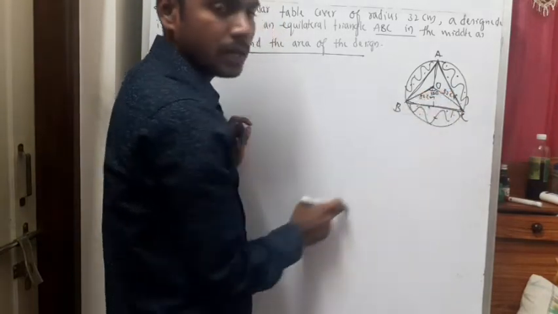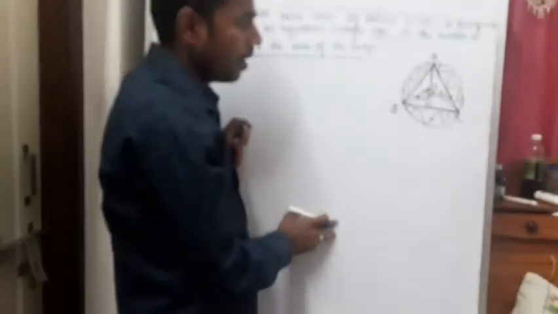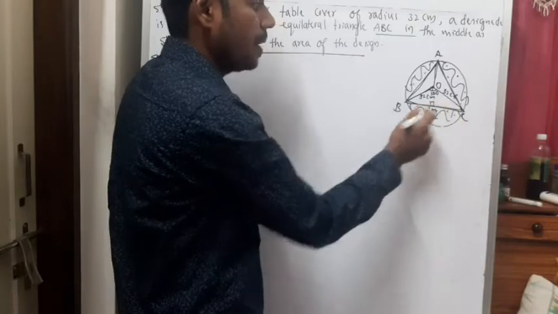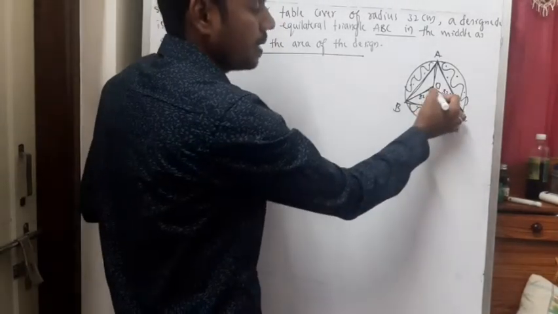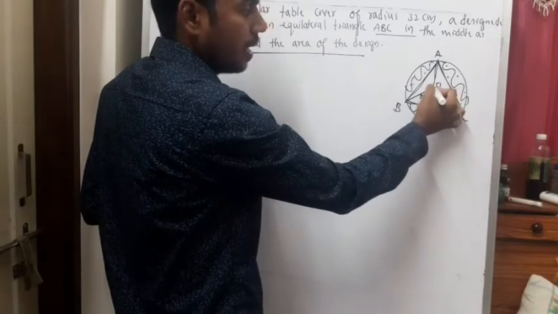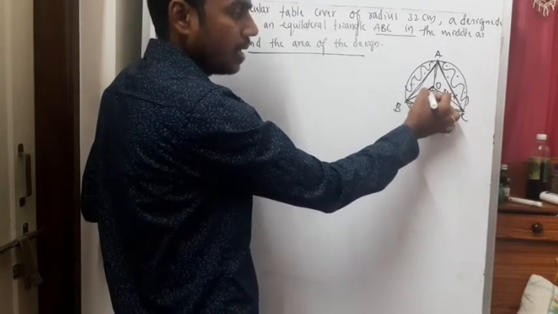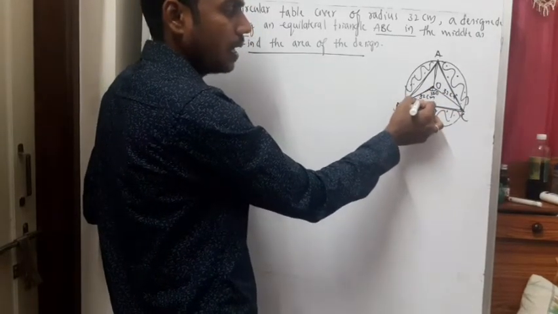Since it is an isosceles triangle, if I draw the perpendicular to the base, it will bisect the base. Let OM be the perpendicular to the base BC. Since the angle is 120 degrees, the perpendicular will bisect the angle. This will be 60 degrees, this will be 90 degrees, and obviously this will be 30 degrees.